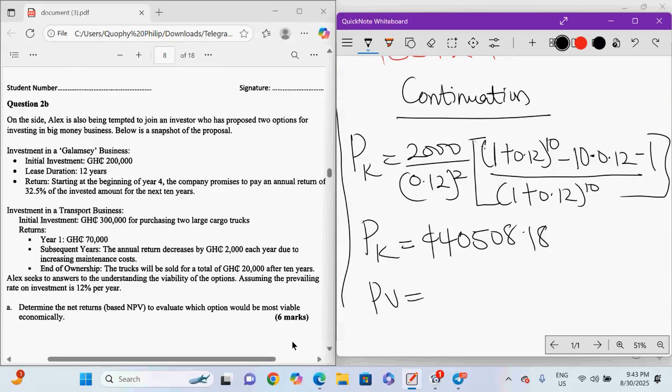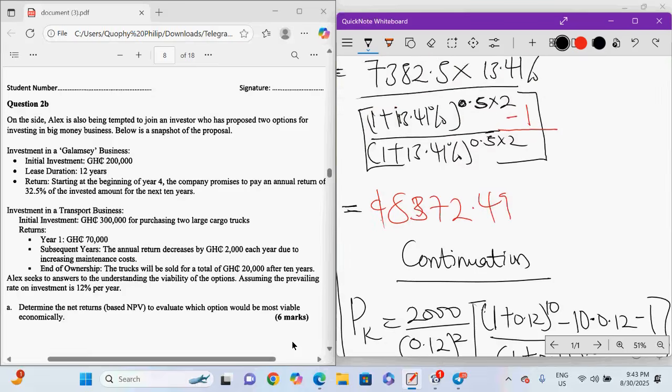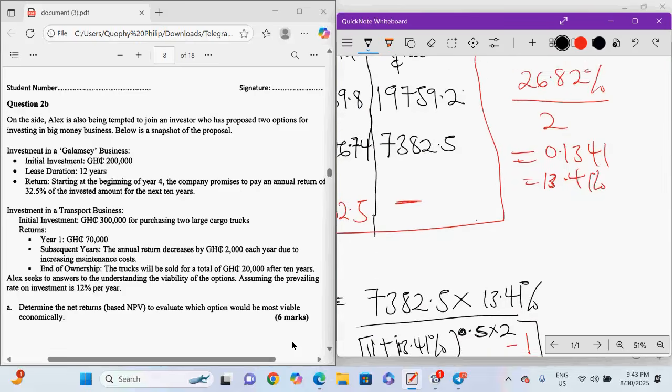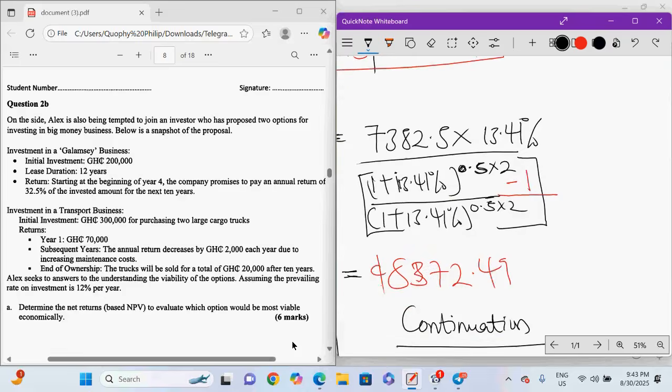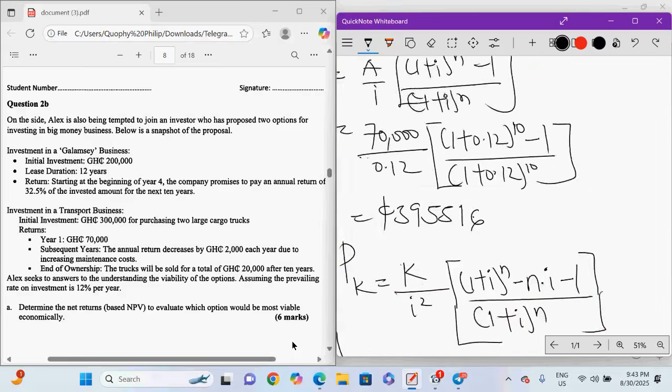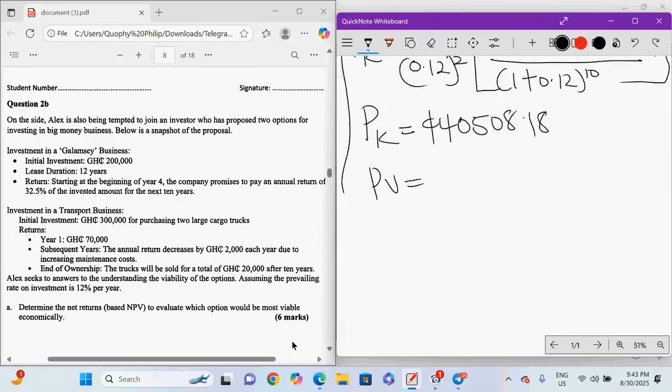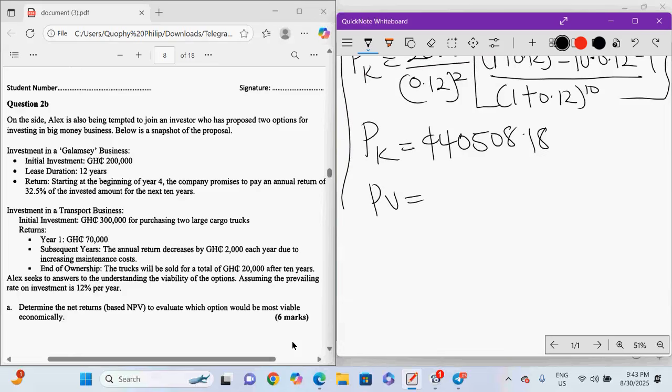What is our present value? Present value is the PA minus the PK. So PA, what did we get? PA, we had 395,516. That is 395,516 minus 405,808.